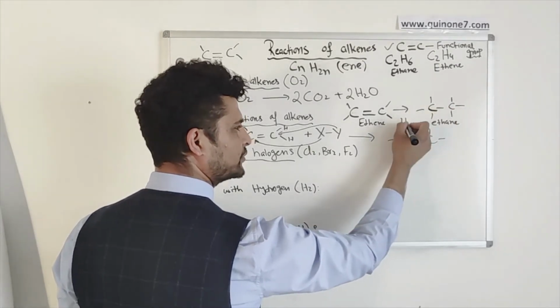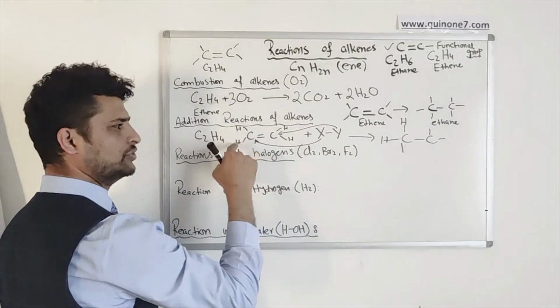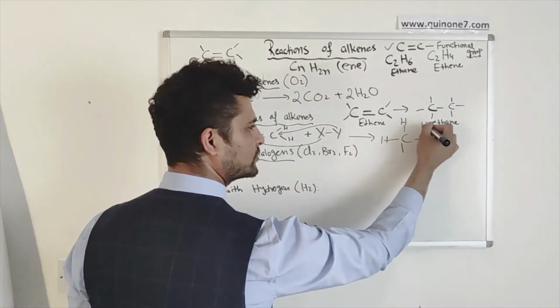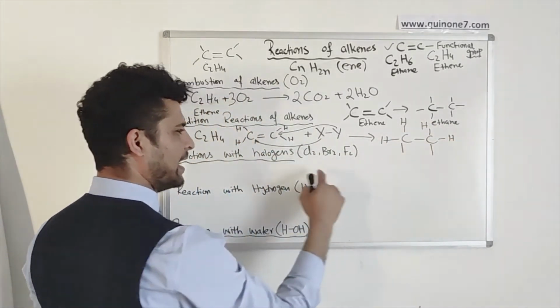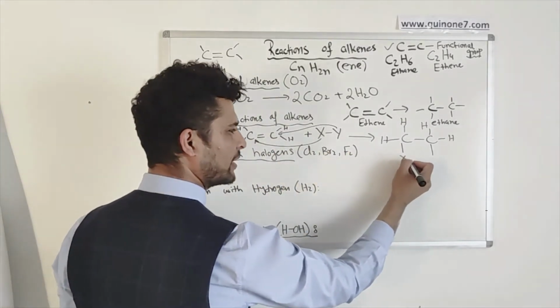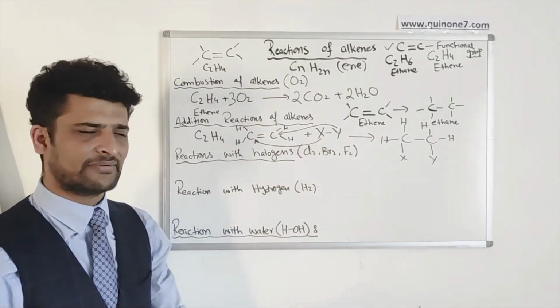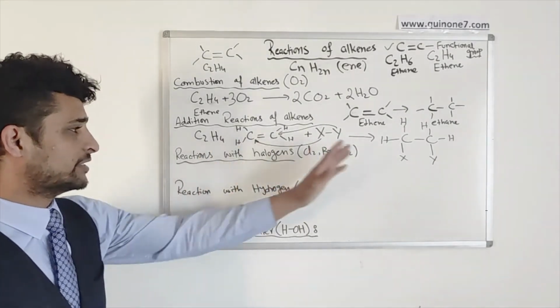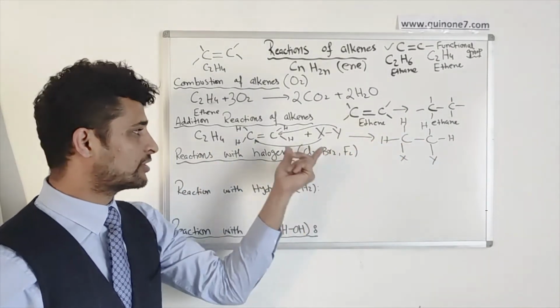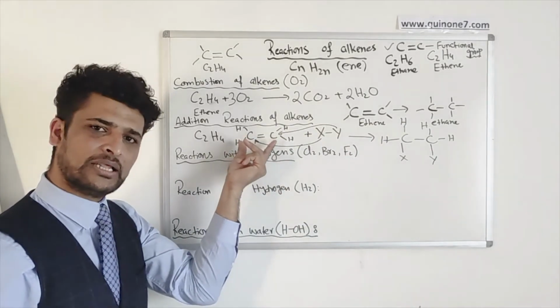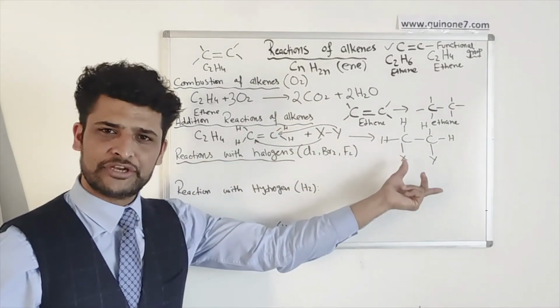You have 2 hydrogens already there on each carbon, so you write those hydrogens as they are, and X will go there and Y can go there. It doesn't matter, X can go there or Y can go there. At GCSE level it doesn't matter. That's why it is called an addition reaction, because the whole molecule is added onto the alkene.